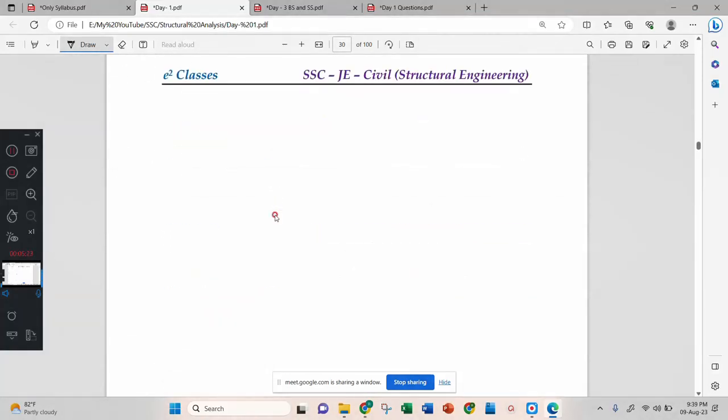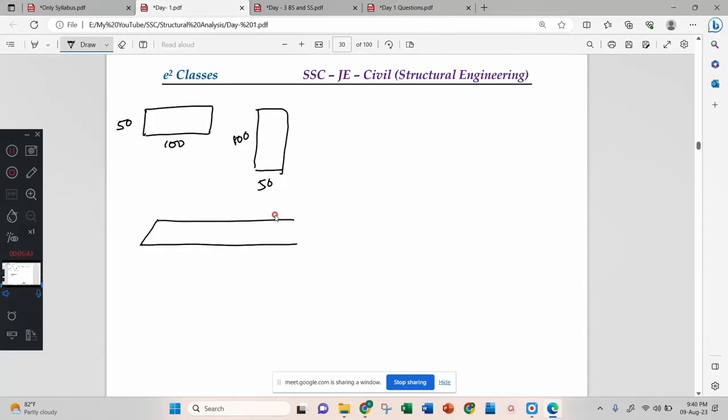Now, this is a beam 50 by 100 cross section of the beam. This is another beam 50 by 100. Which beam will be having more strength? Anyone? Can anyone tell? This is one beam, supports.